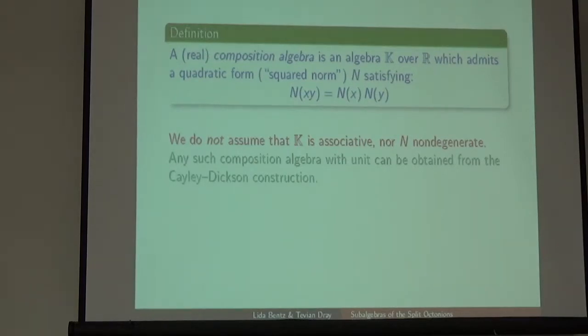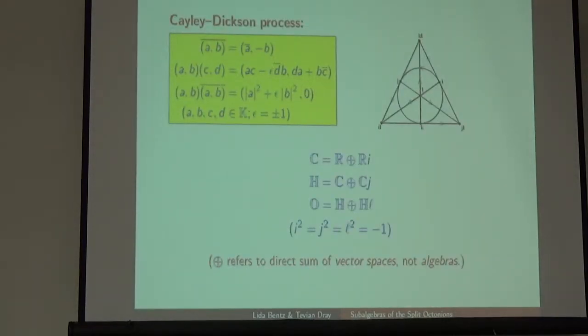It's well known that any such composition algebra that has a unit element can be obtained from the Cayley-Dickson construction, which I'll briefly go through and show you the standard cases, which of course includes the Quaternions.